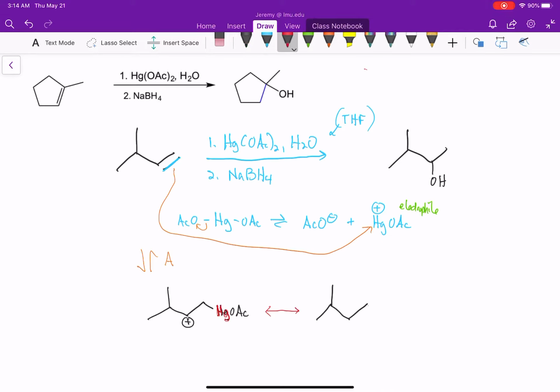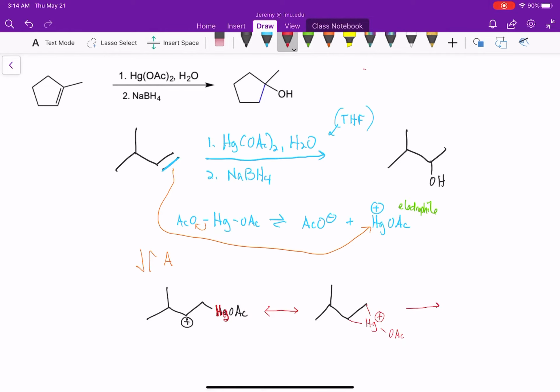So this mercury can take some of those d electrons that are hidden and physically form a bond to both carbons. Thereby the mercury now has a positive charge. Okay? The other thing we can see here is that the mercury can also form a bond to the other carbon.